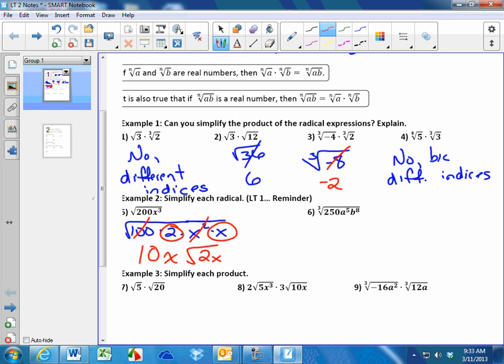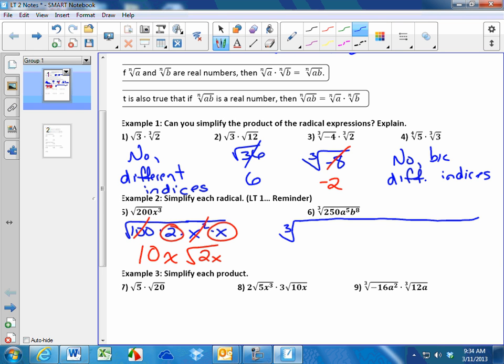Number 6. Cube roots. 250, is it on the list? No. Is there a number on the list that might divide into 250? 125 might.